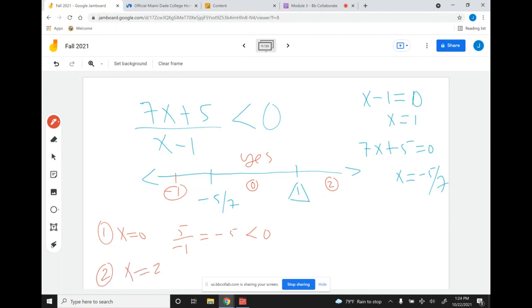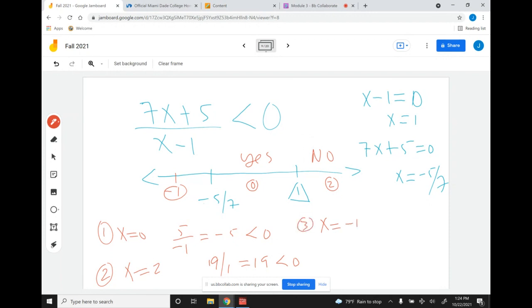When x is 2, 7 times 2 is 14, 14 plus 5 is 19, and 2 minus 1 is 1. So you end up with 19. Is 19 less than 0? No. I almost wrote yes, but it's no. Then I use -1, the last one, when x is -1.